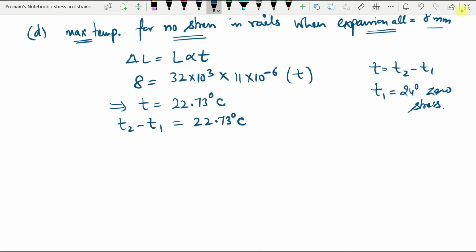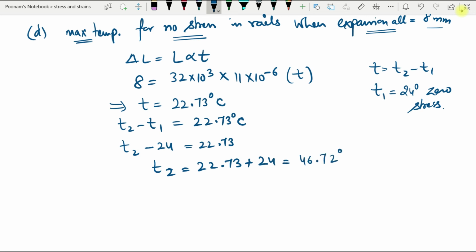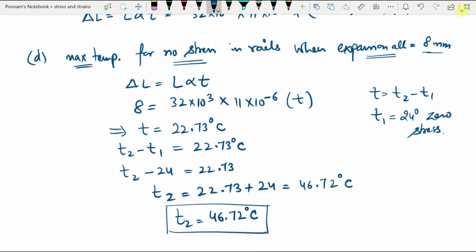So let me substitute the value of T1 here. T2 minus 24 is equal to 22.73. So T2 is equal to 22.73 plus 24, which is equal to 46.72 degrees Celsius. So T2 is that maximum temperature for which there will not be any stress in the rail when expansion allowed is 8 mm.